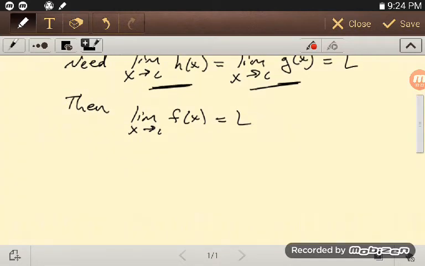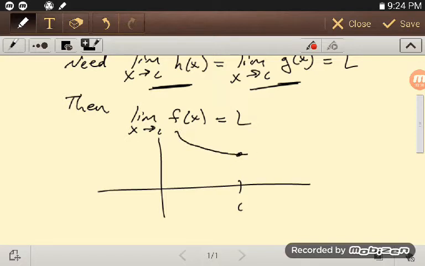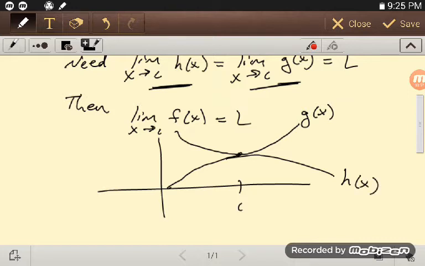In the picture, if we have c here somewhere, and we know that h is always smaller, so g is always bigger. So here's g of x, and then h of x. Well, then it really doesn't matter what f does.